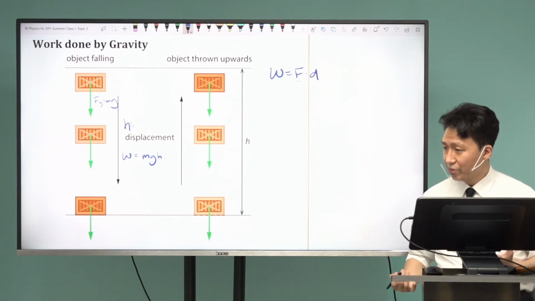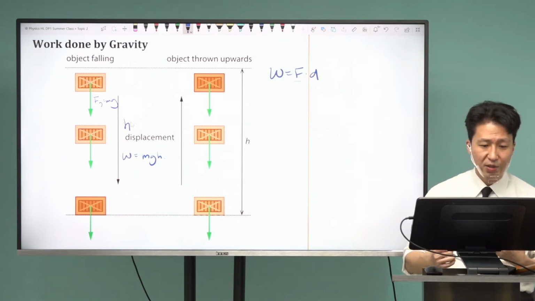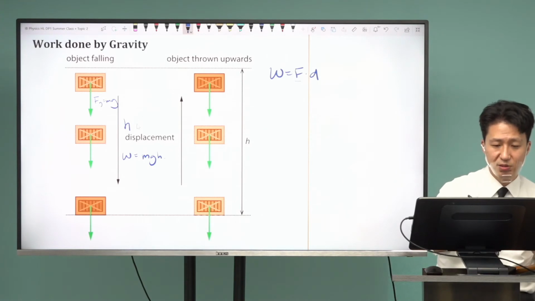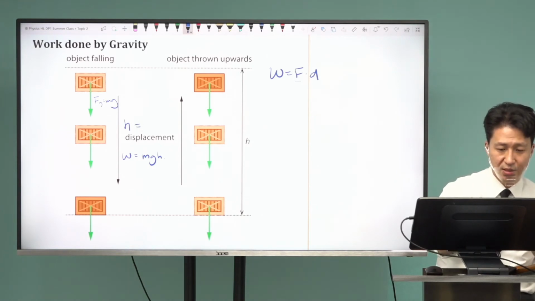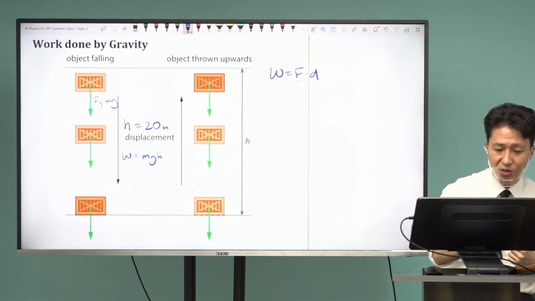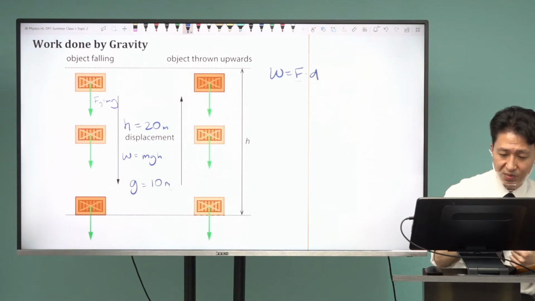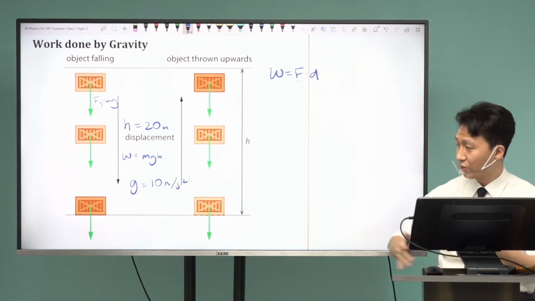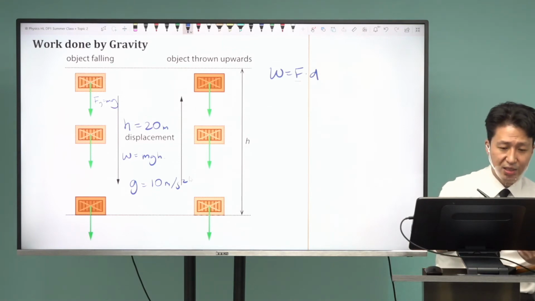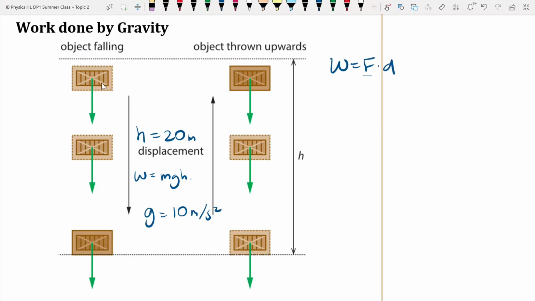Let's get some simple numbers that we know what the answers for are, right? Let's get the height equals 20 meters. Let's put gravity as 10 meters per second squared, just so we have a good round number, right? Let's make the mass 10 kilograms, a good round number as well.